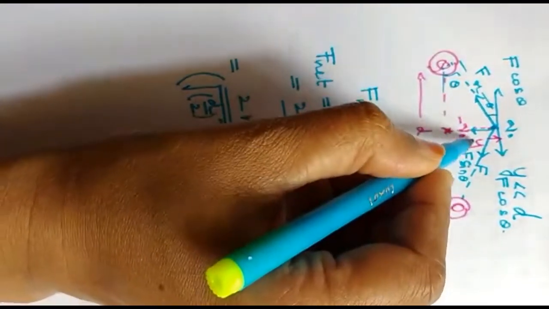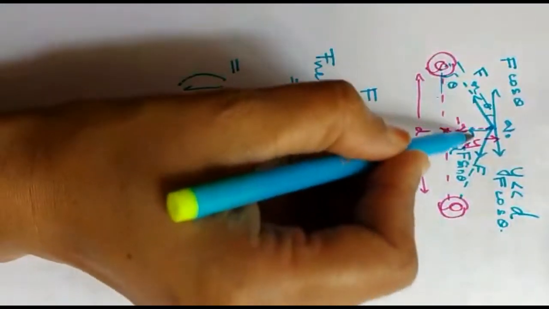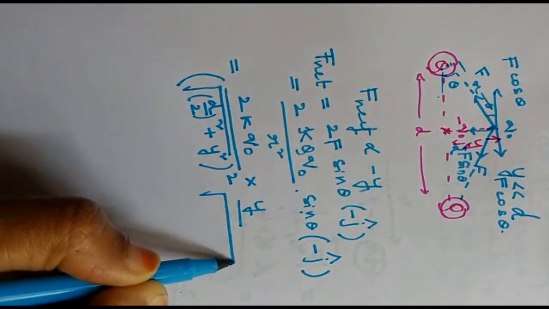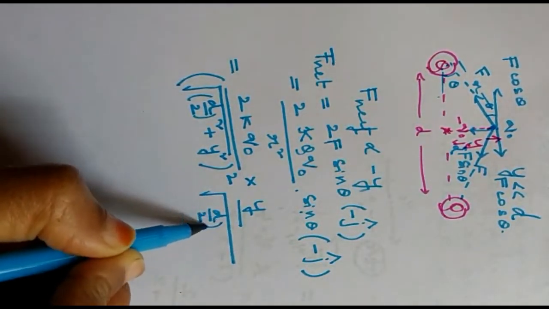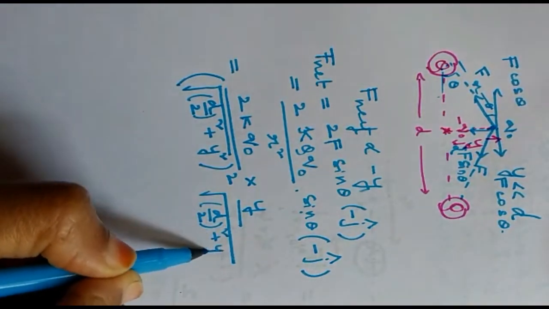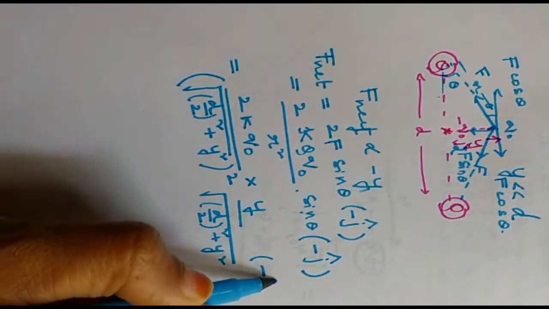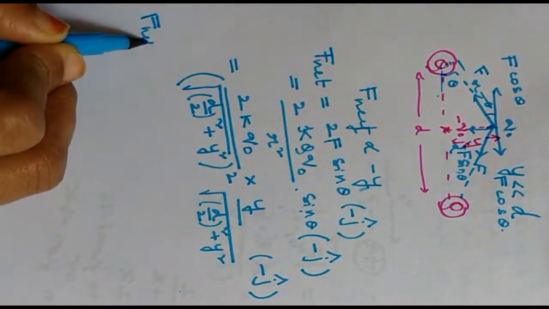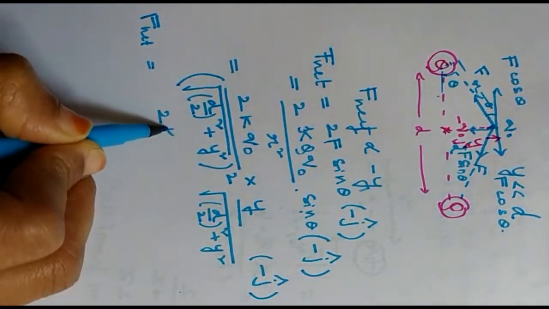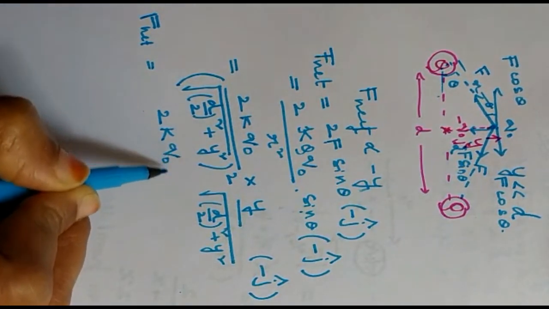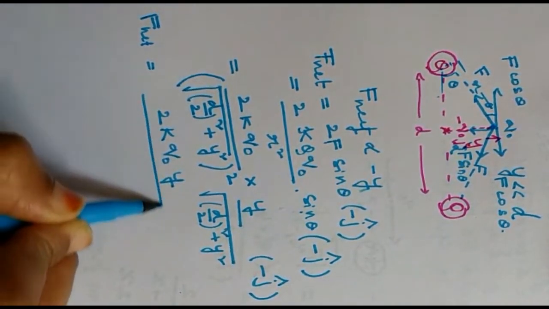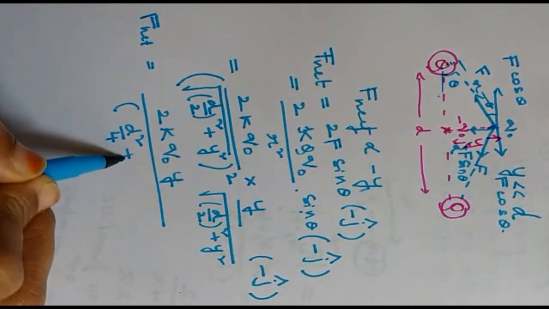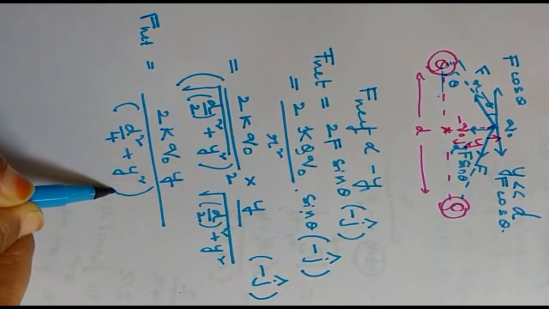Sin theta is opposite by hypotenuse, y by again R, where R is under root d by 2 whole square plus y square, direction minus j cap. So the net force would be 2, k is 1 by 4 pi epsilon naught, Q naught into y by d square by 4 plus y square whole to the power.